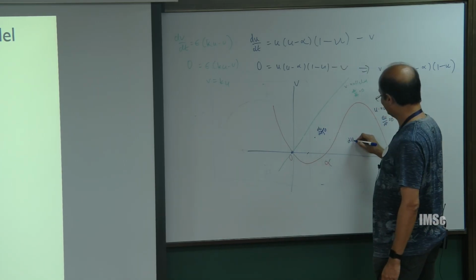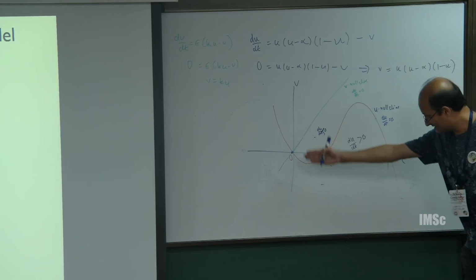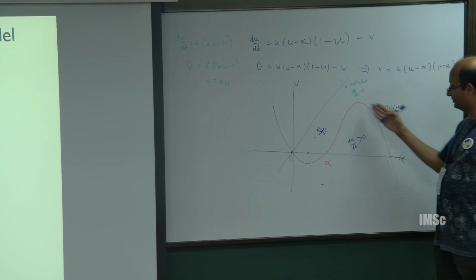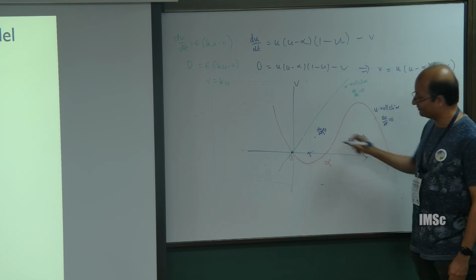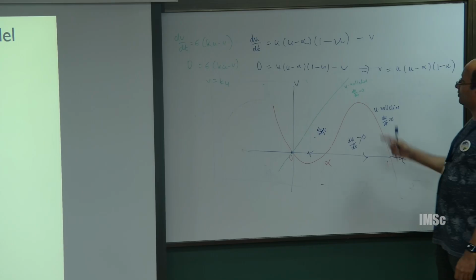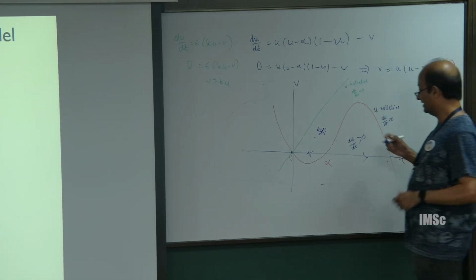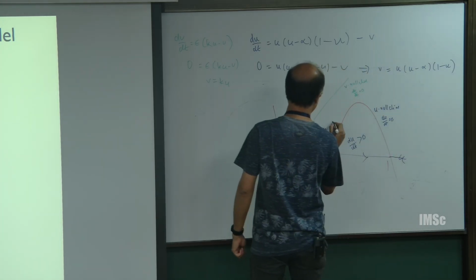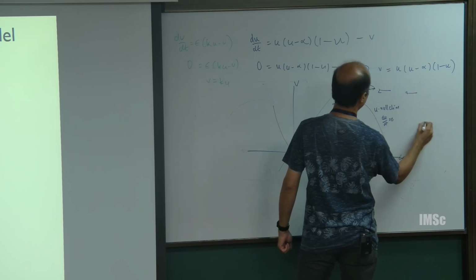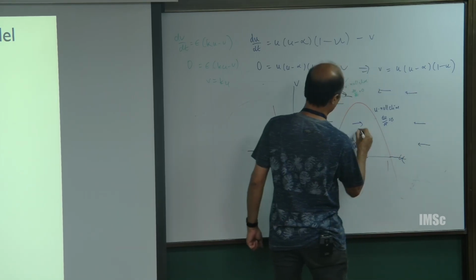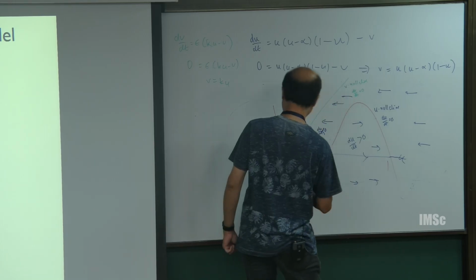By a trivial argument, because the whole region is separated by the du/dt equal to 0 line, here du/dt will be greater than 0, which is consistent with what we already know. What about the v nullcline? Here, everywhere, the u arrow, that is the horizontal coordinate arrow, would be pointed this way, and here everywhere it will be pointed in this way.